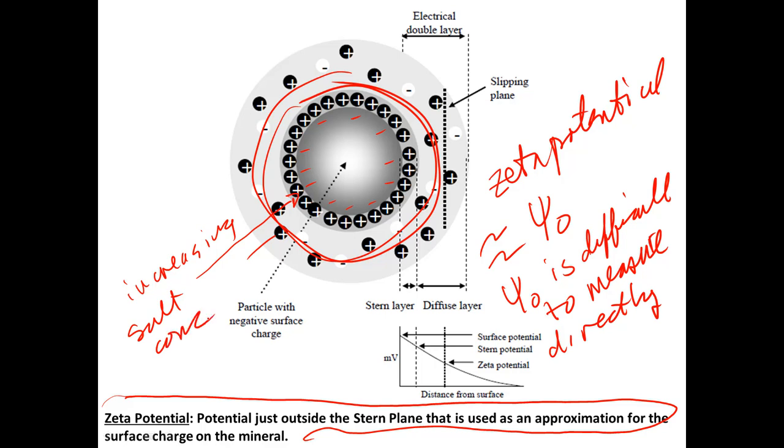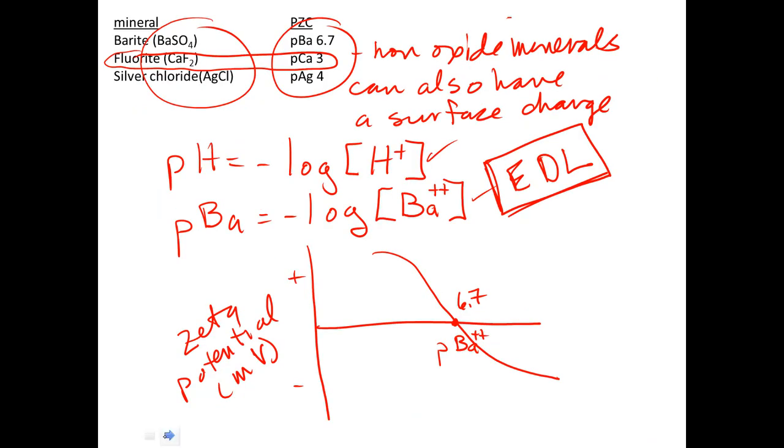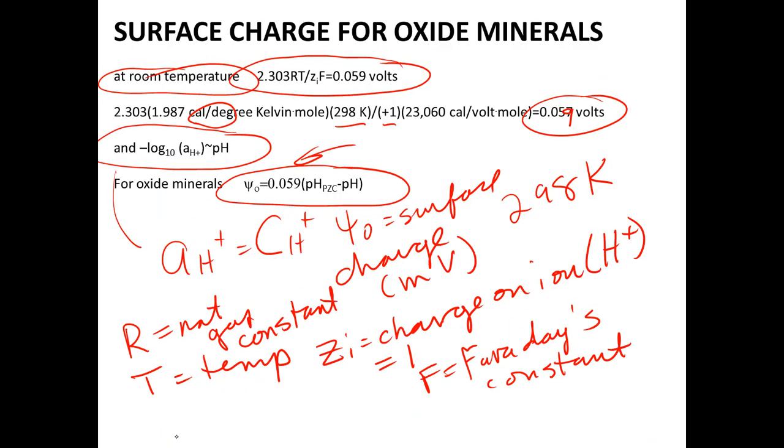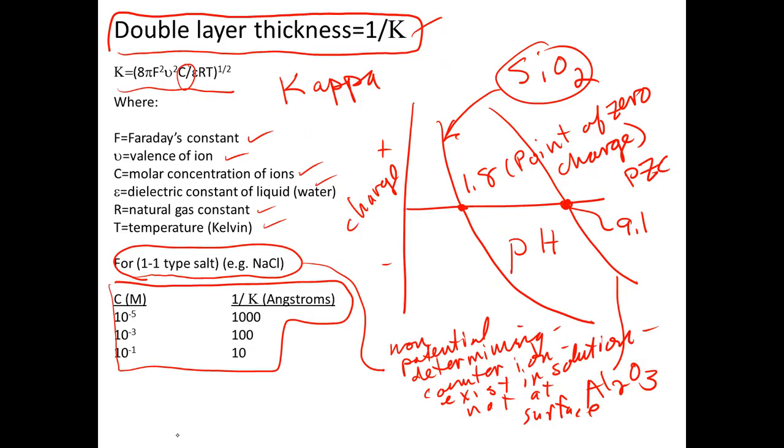Which, we'll see later, is an important ability. So we can control the charge through potential determining ions. We can control the thickness of the electrical double layer, or the diffuse layer, as well, by adding salt to the system. So we have a lot of control then of the electrical double layer simply by adding ions.